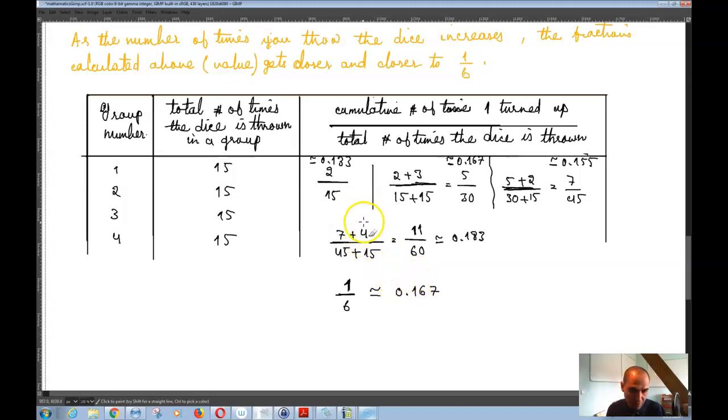Maybe this number is not very realistic, really, because 4/15 is much too high.